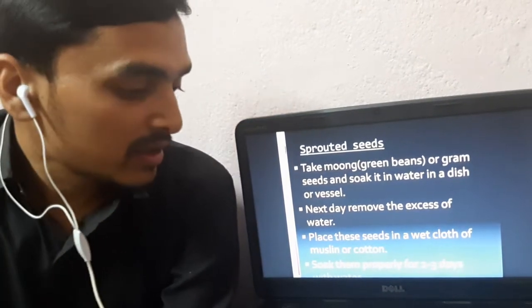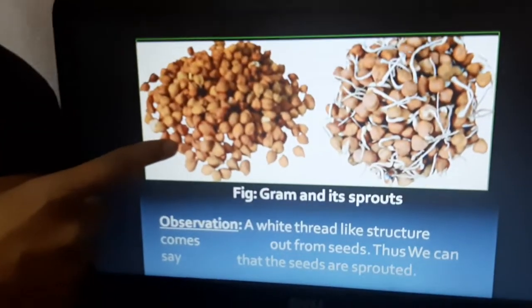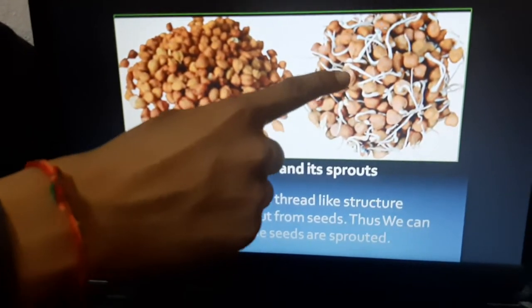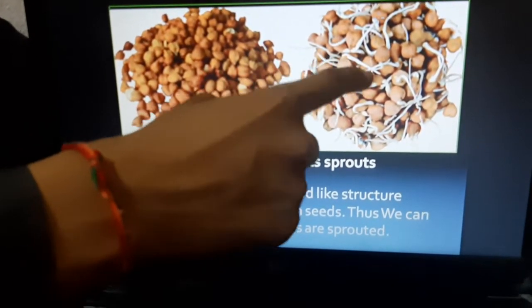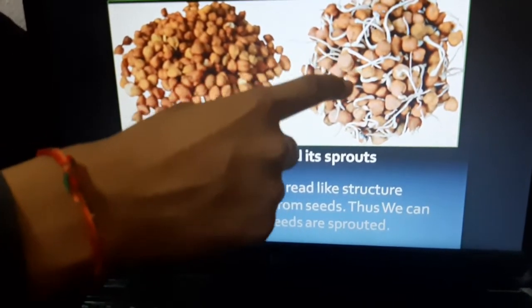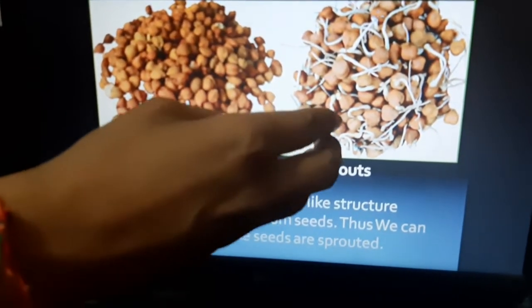You can see clearly in the diagram. This is the normal gram, that is chana, and these are the sprouted chana. You can clearly see this white-colored thread-like part, which is the germination of the pulse.